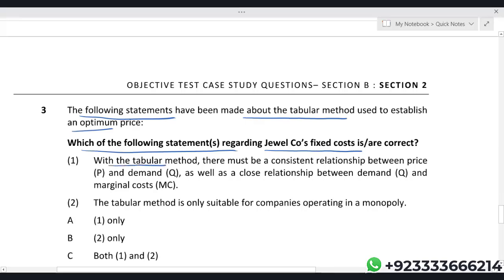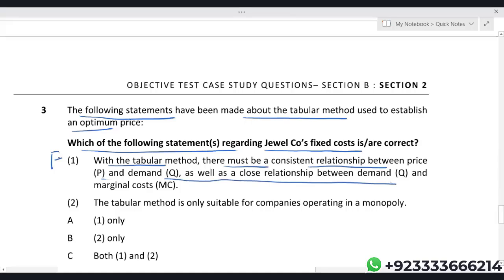With the tabular method, there must be a consistent relationship between price and the demand. Actually, this is false. Why is it false? Basically, when you say that in a tabular method there must be a consistent relationship, it is not in the tabular method.